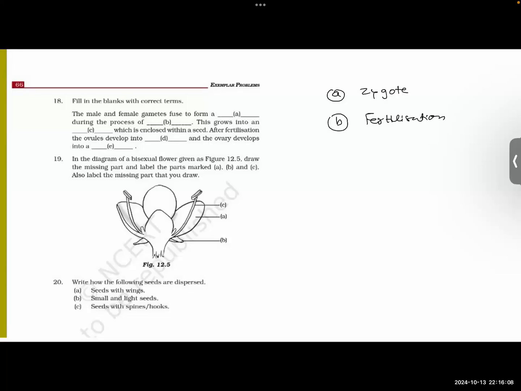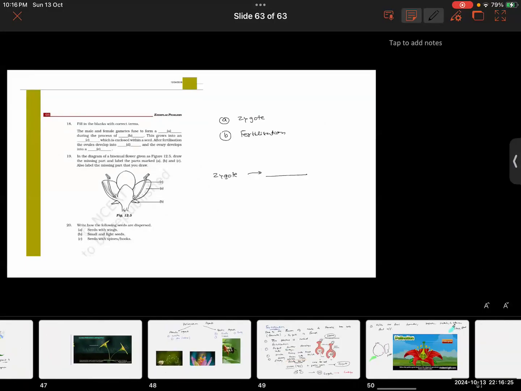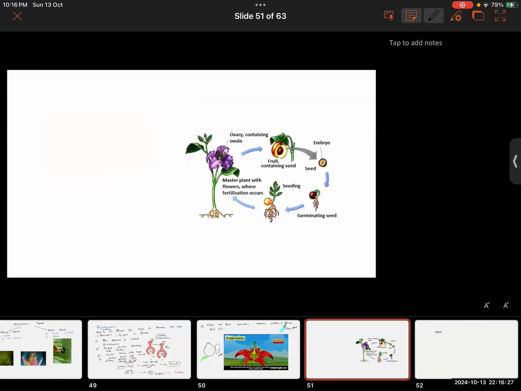Third question. Once the zygote has developed, the zygote will later develop into... Take a look at this.